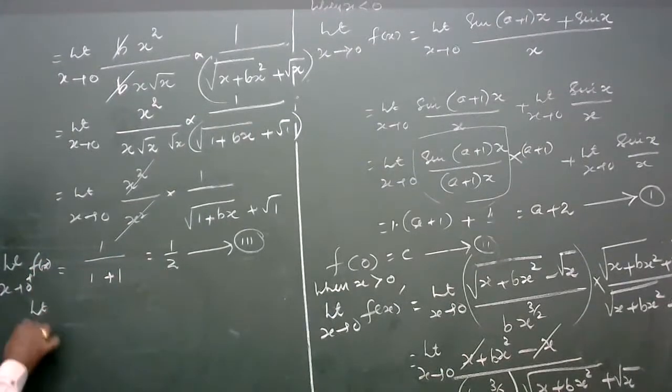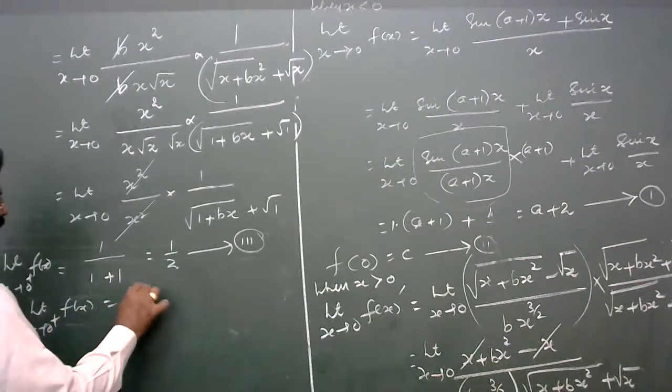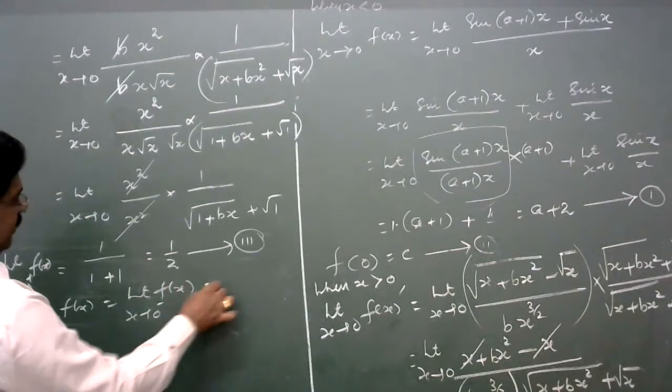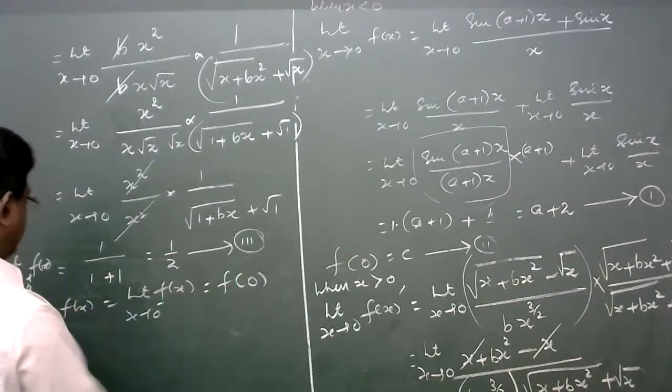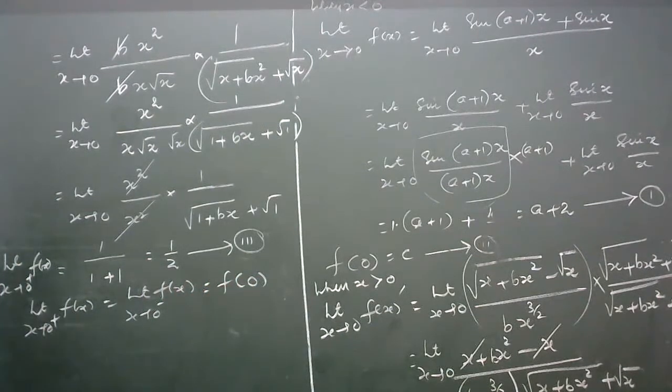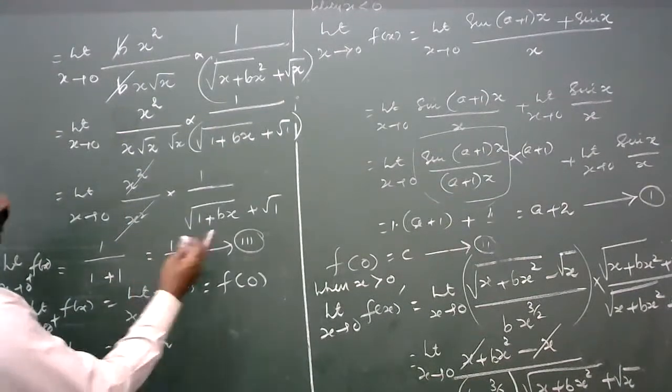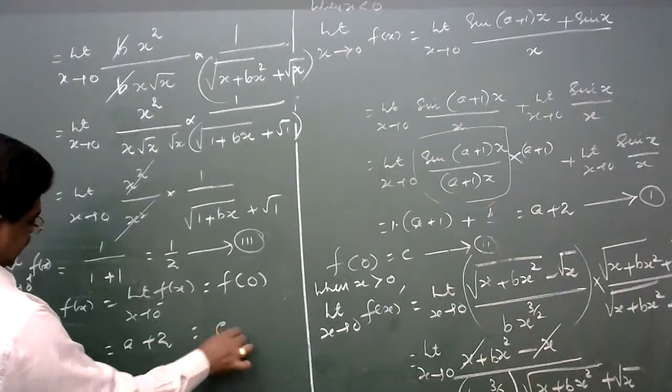We studied that limit x tends to 0 plus f of x is equal to limit x tends to 0 minus f of x, that is equal to f of 0. So 1 by 2 is equal to a plus 2, the left limit, that is equal to c.